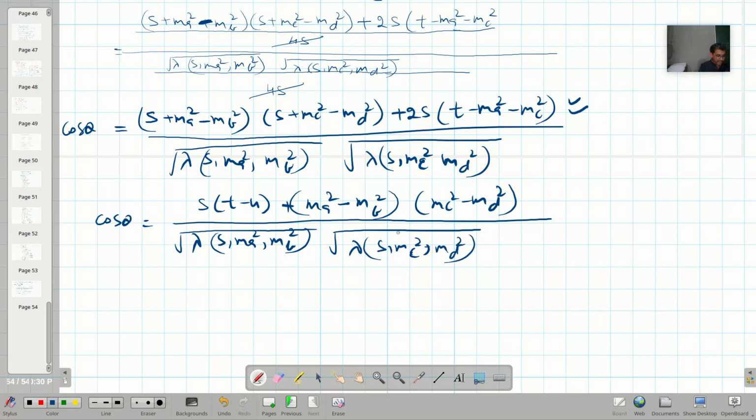That's what we are getting here. So this is equation number 17.